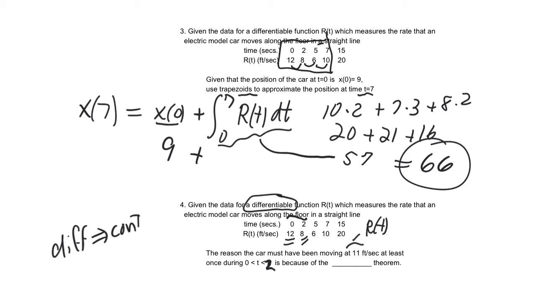And if it's continuous, it has what is known as the intermediate value theorem. It has to hit all the y values between 12 and 8. Well, 11 is such a value between 12 and 8, so the answer to this is the intermediate value theorem. We know that the function is differentiable, therefore it's continuous, therefore it must hit all the y values going from 12 all the way to 8.